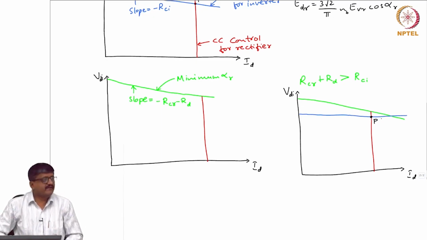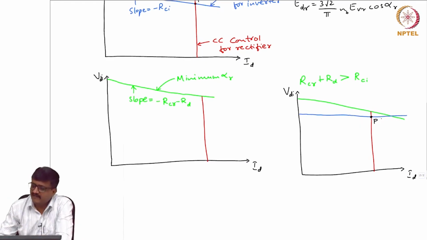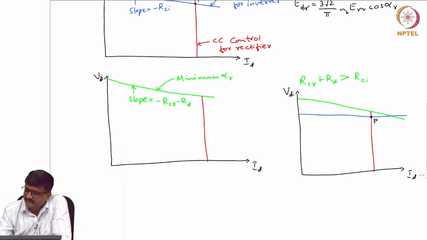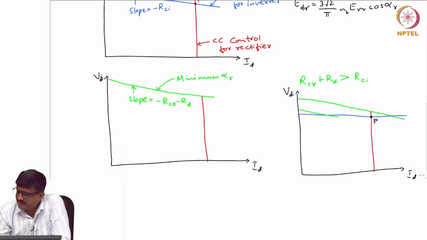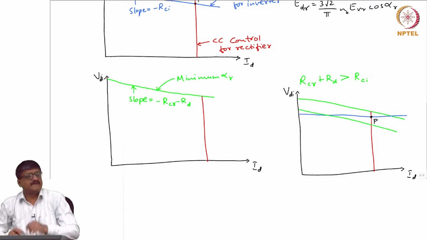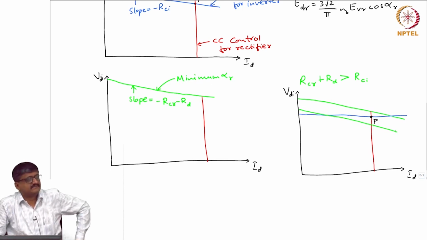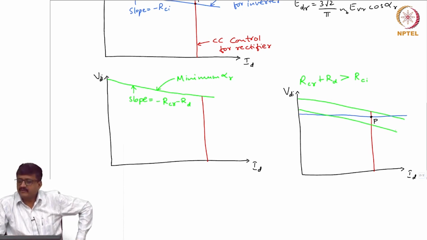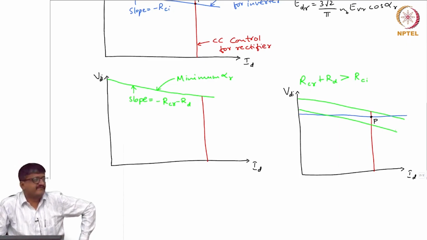Now, it can go to a situation where the minimum alpha R can go down like this. If minimum alpha R goes down like this, at what point is the system operating?